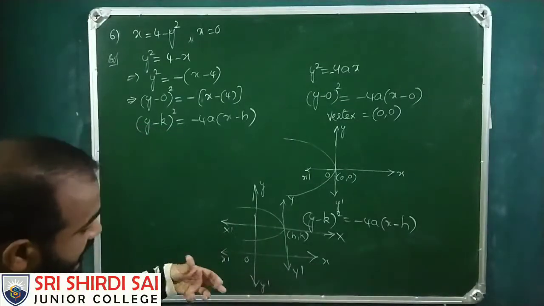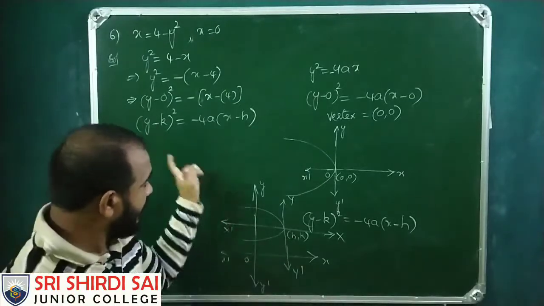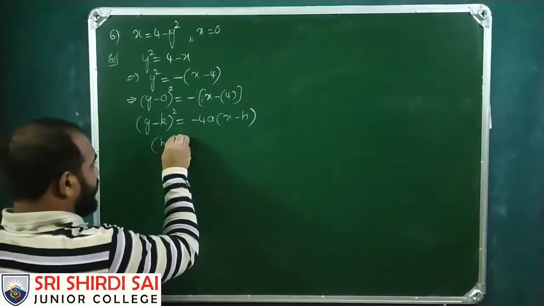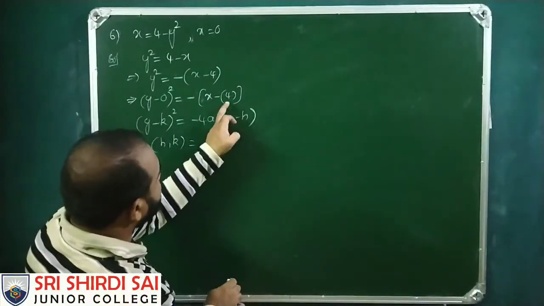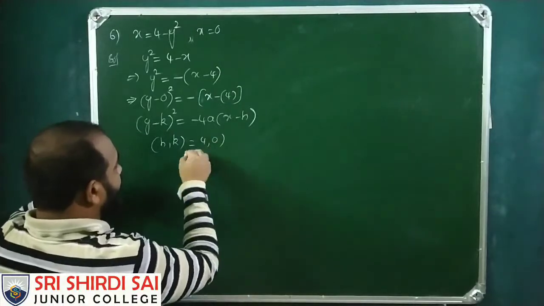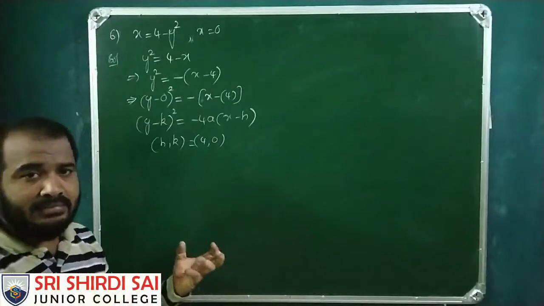So this is the shape of this curve. Here it can be compared with this. Here the h value is 4, the k value is 0. So 4 comma 0 is the vertex. So the rough sketch of this diagram can be easily drawn.